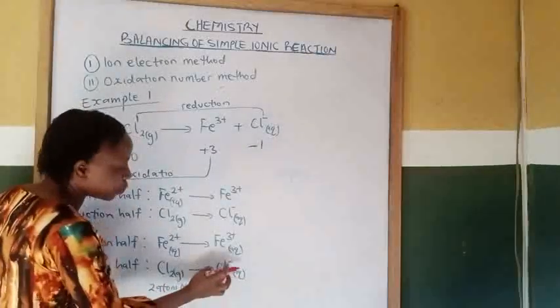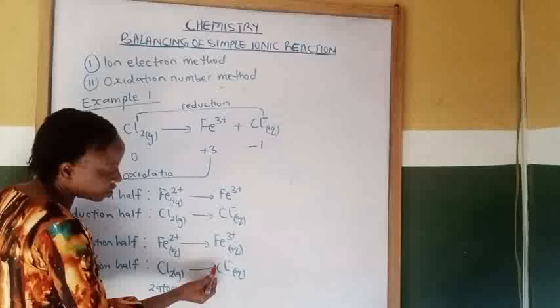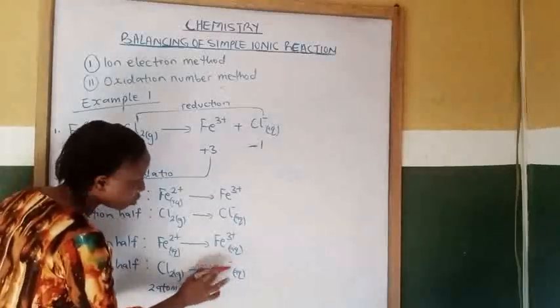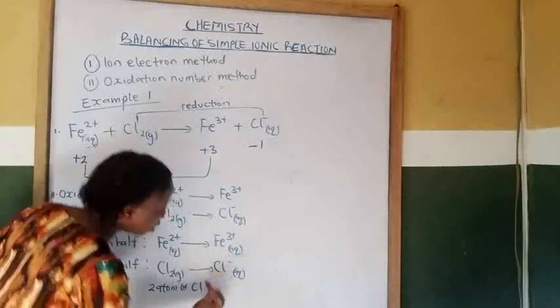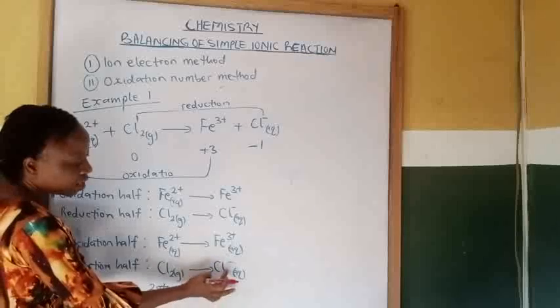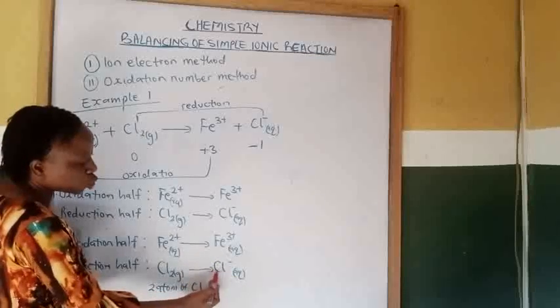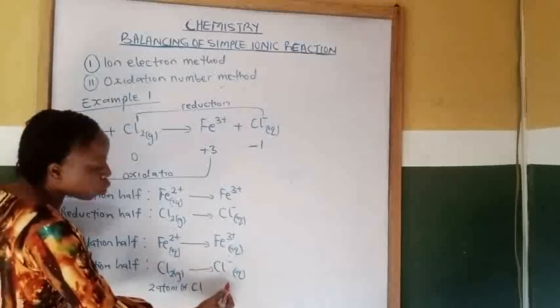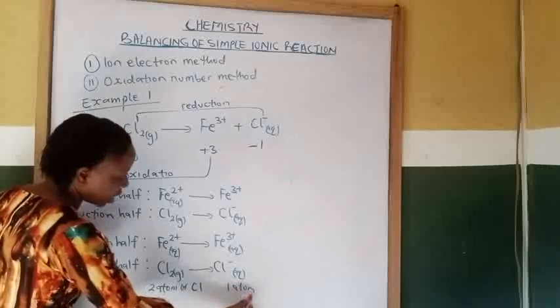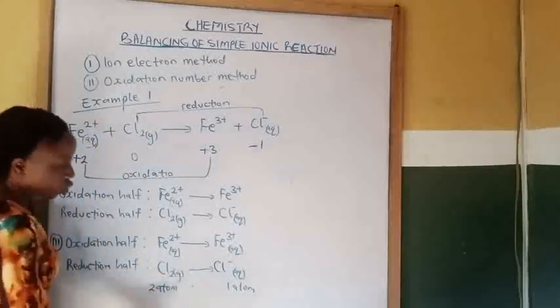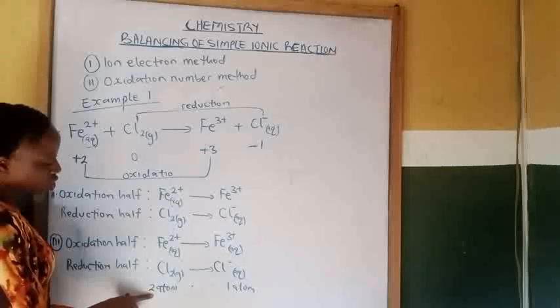Now let's look at the product side. The coefficient is 1 and the subscript is 1, so this is 1 atom of chlorine. So we have 1 atom here and 2 atoms here.